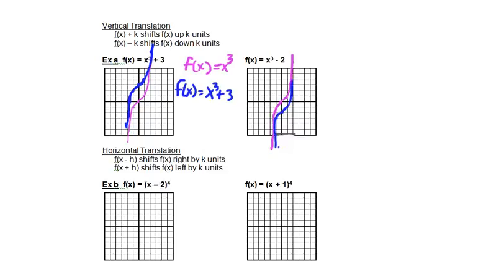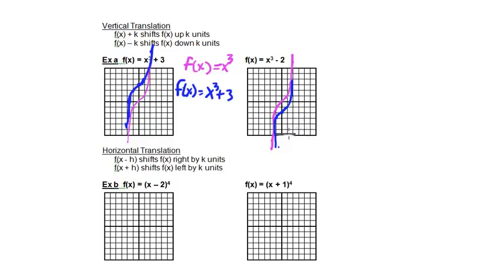So vertical translation is fairly straightforward. Basically, if we add a certain constant or number to the outside of the function, we will shift it up, and if we subtract a certain constant or number, we will shift it down by that number of units.